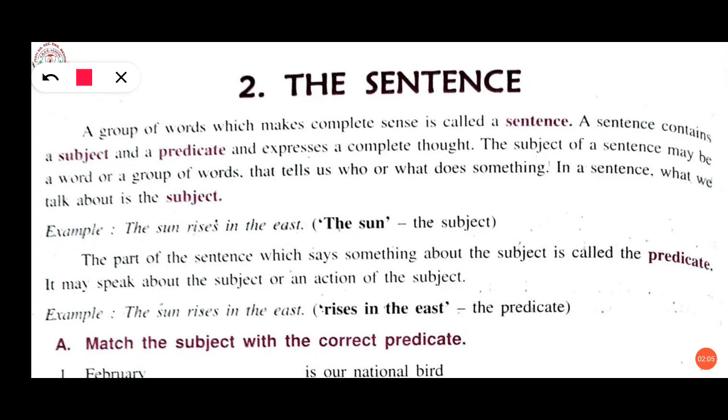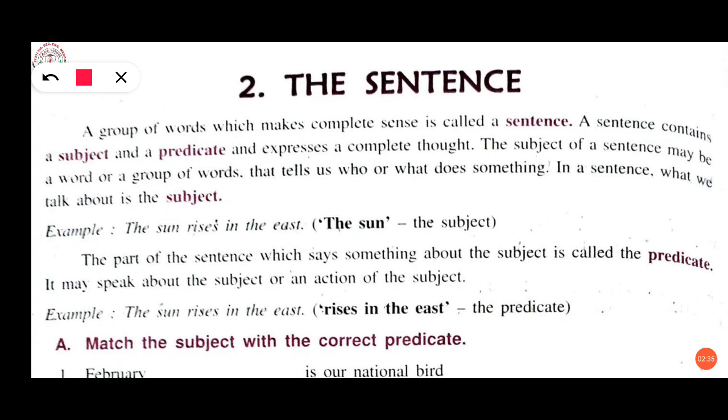Number 1 is declarative, in which we form a statement, and second is interrogative, in which we form a question. Exclamatory is where we express our feelings, like happiness, sadness. Fourth is imperative, that is a command or a request.